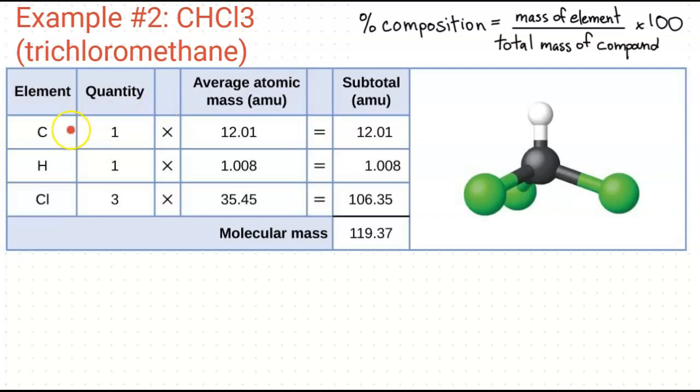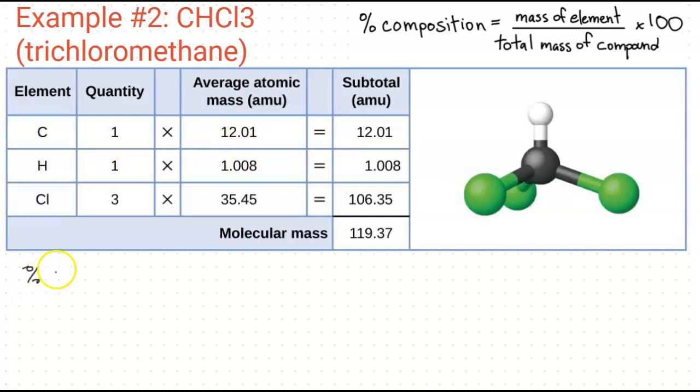Example number 2, I have the molar mass of trichloromethane calculated right here, 119.37, and I want the percent of each element in trichloromethane. So I'm simply going to take the part that is carbon, 12.01, and divide it by the total.